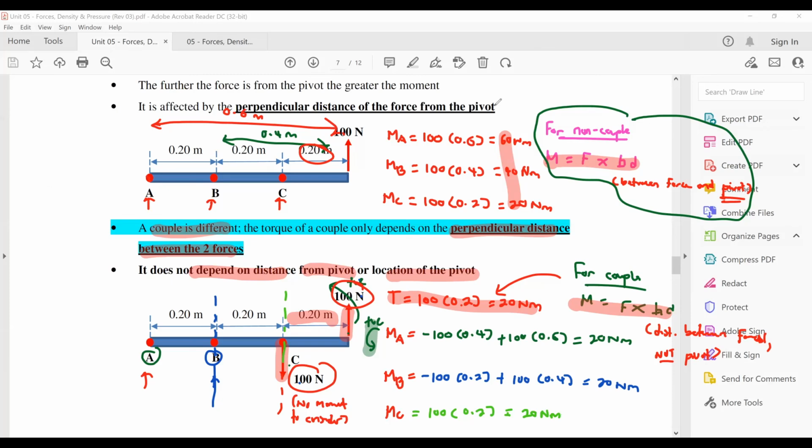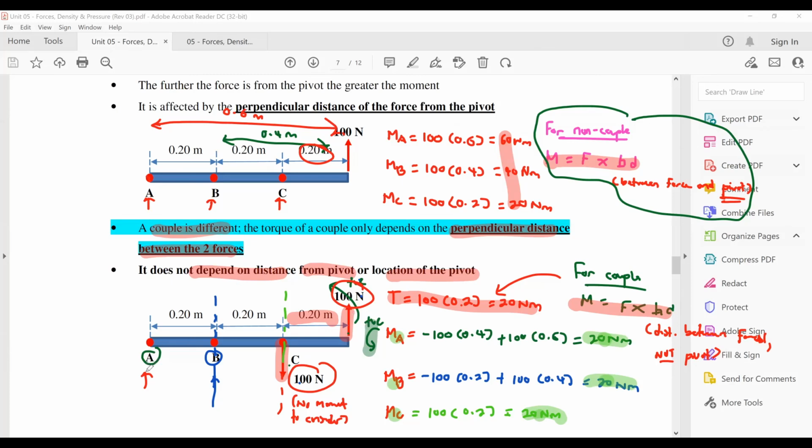Okay, so now you look at this one, MA, MB, MC, where you calculate the resultant moment or resultant torque by summing the forces individually. You see the values are all the same: 20 Newton meter, 20 Newton meter, 20 Newton meter.